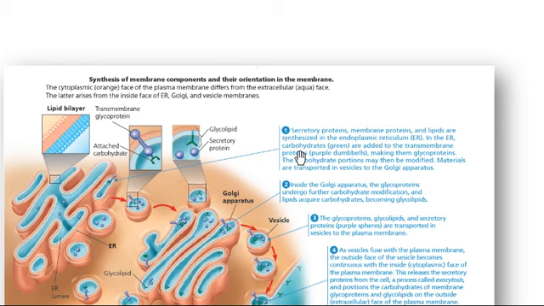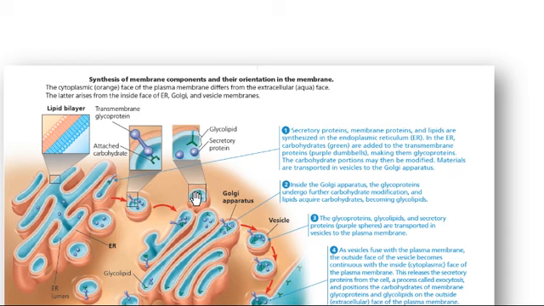In the endoplasmic reticulum, the carbohydrate portions are added to the transmembrane proteins, and remember we discussed in our lecture on Golgi bodies that this carbohydrate portion will later on be manipulated in the Golgi bodies. Some of the monomers will be removed and replaced with other monomers.